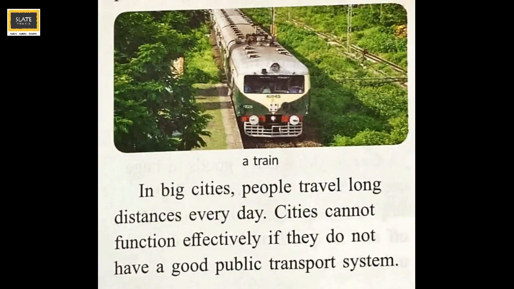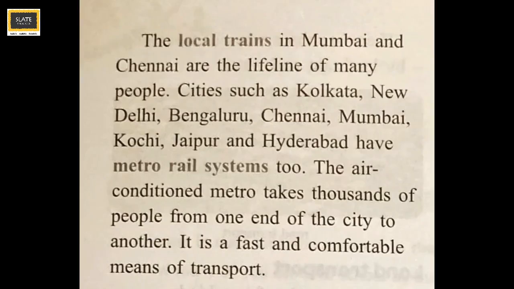In big cities, people travel long distances every day. Cities cannot function effectively if they do not have a good public transport system. The local trains in Mumbai and Chennai are the lifeline of many people.